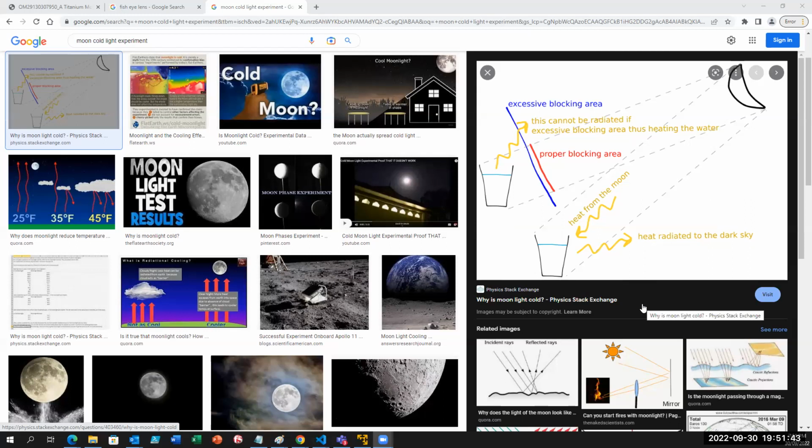Okay, so can you see this? Why has the moonlight cooled? Can you see this image on the right here? Yeah. So this is a reason why the moonlight is cold.